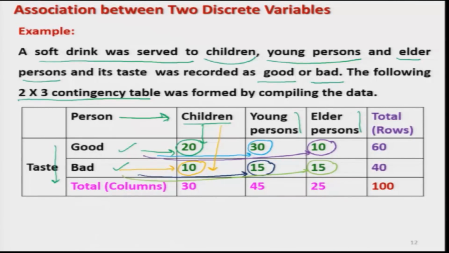Now you see, in this data, we have 3 groups on age and 2 groups on taste. So there are 3 classes of age and 2 classes of taste. And one can see here that the taste and age are not independent.